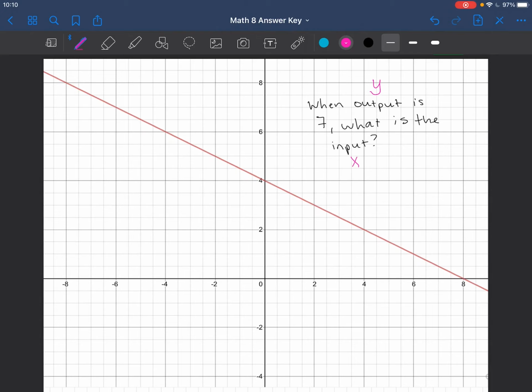So this is telling us our output is 7, and we need to find the x value at that point. From there, we're going to go either left or right until we hit the graph, which we can see we have to go left. And we find that the y value is 7 at this point. We now need to find the x value of the graph here, so we're going to track down and find that x is negative 6.